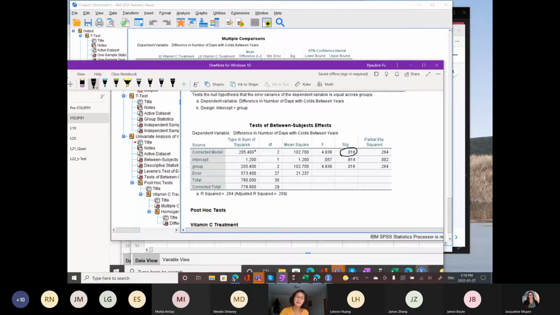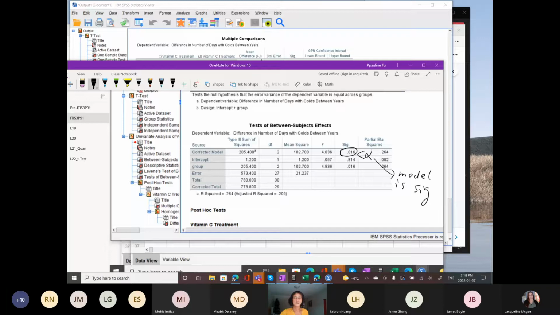And this p-value is smaller than alpha. So this model is significant. So when the p-value is smaller than alpha, the model is significant.